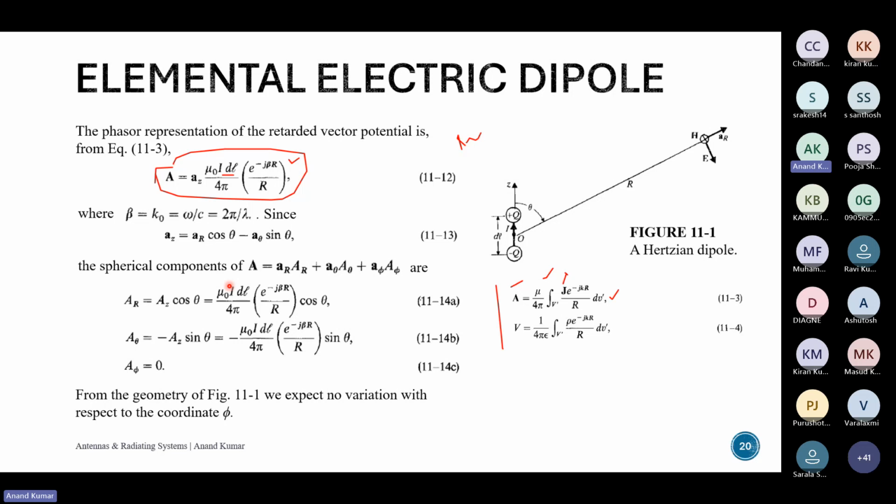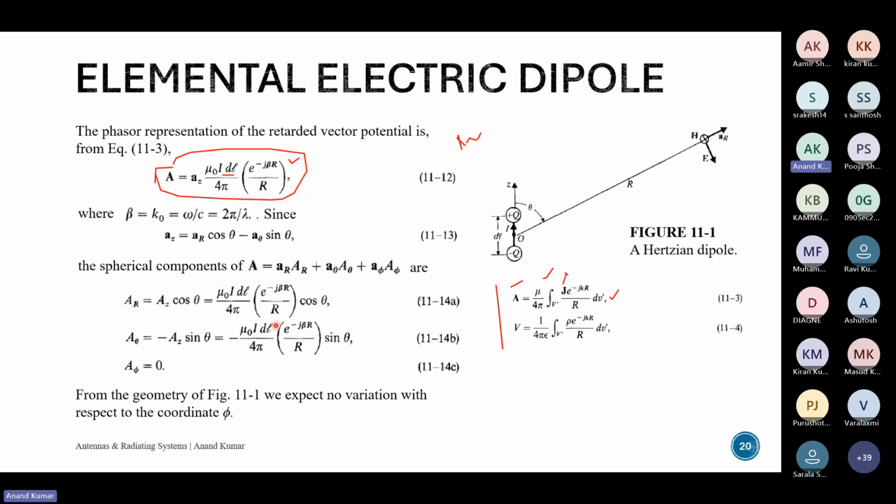We defined the auxiliary vector potential in the Cartesian system because it was easier there, but we need to find the electric and magnetic field, which will be easier in spherical coordinates. So we are now modifying the auxiliary potential from Cartesian to spherical.